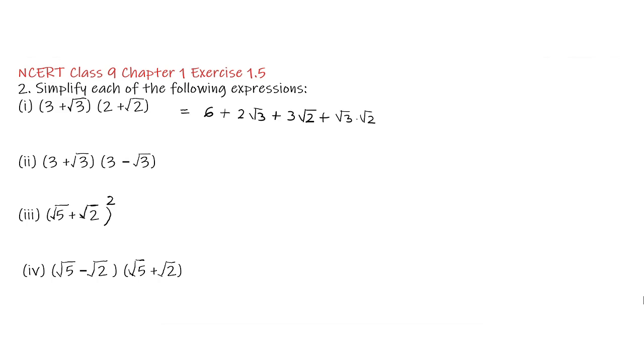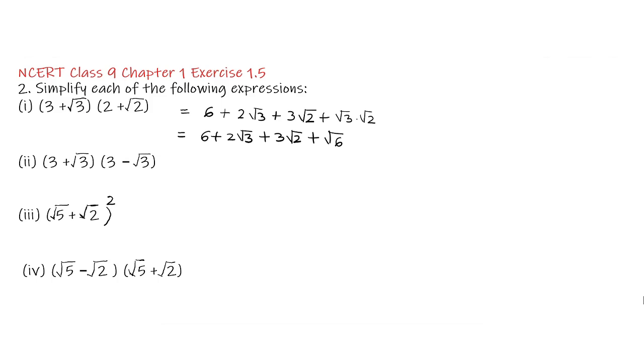On solving we get 6 plus 2 root 3 plus 3 root 2 plus 3 into 2 which is 6, that is root 6. So our answer for the first part is 6 plus 2 root 3 plus 3 root 2 plus root 6.